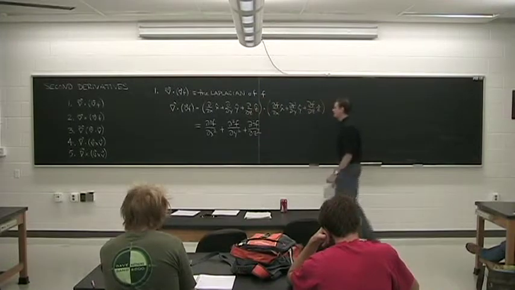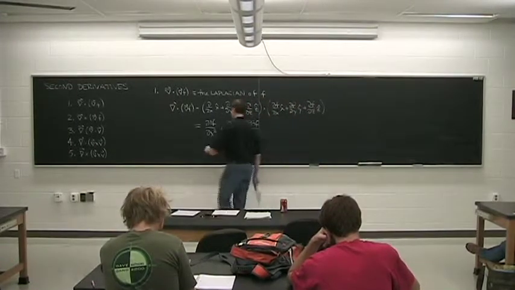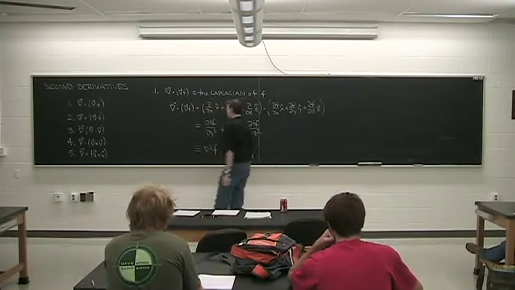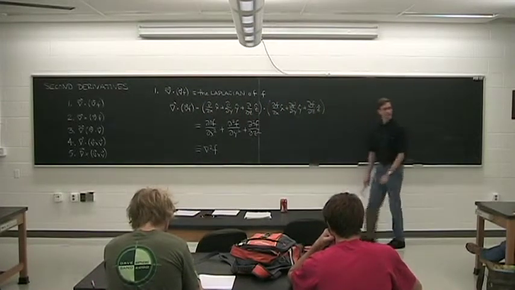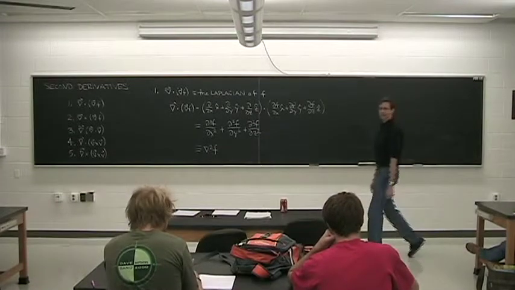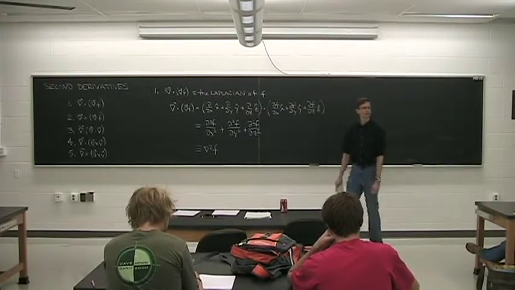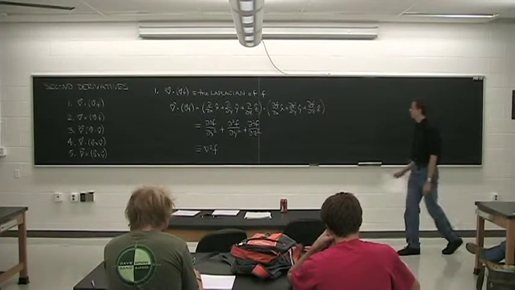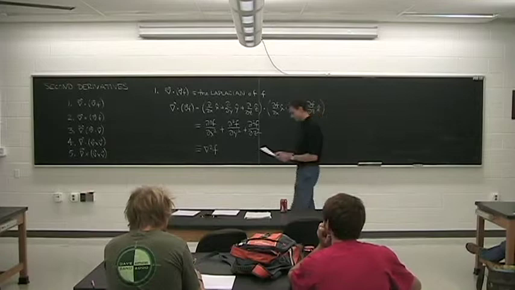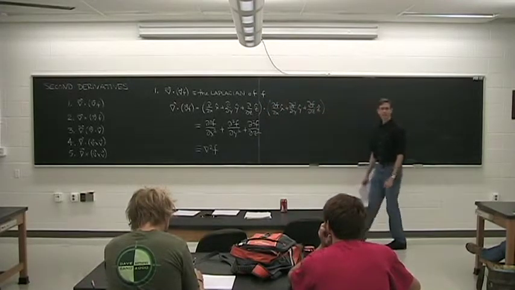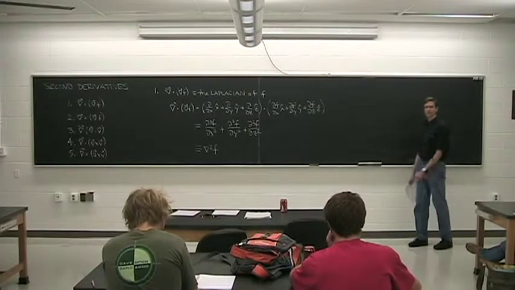So the Laplacian of a scalar function, which we often write as grad squared f, is just the sum of the second partial derivatives of the scalar field in question. Okay, so that's number 1. Any questions?